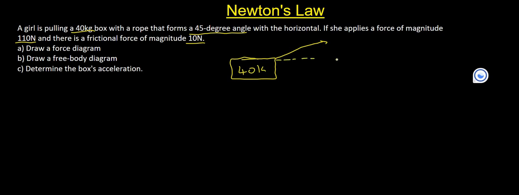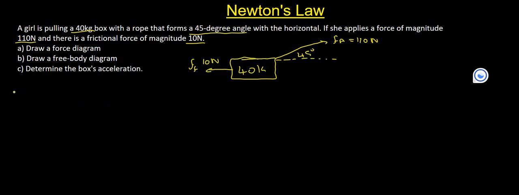Meaning if this is our horizontal, then she's pulling it at 45 degrees, with the applied force of 110 Newton. And there exists a frictional force of 10 Newton. So this will be our box.